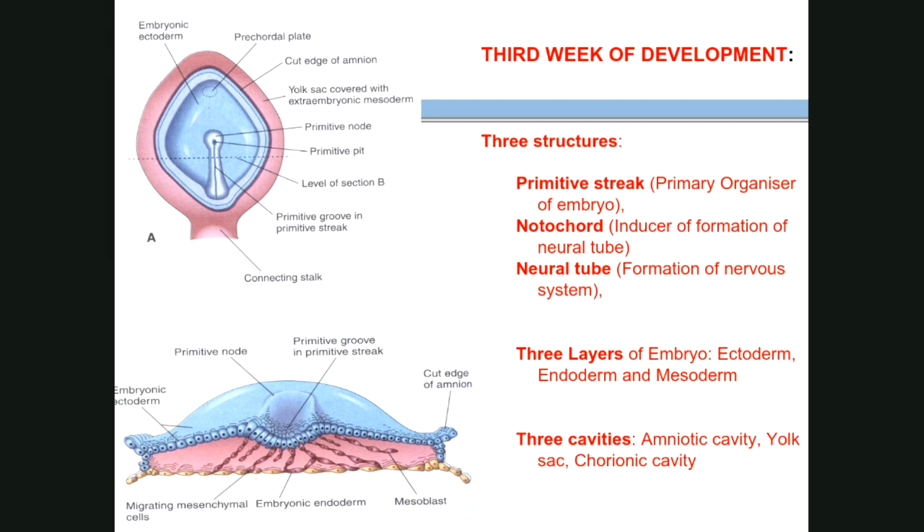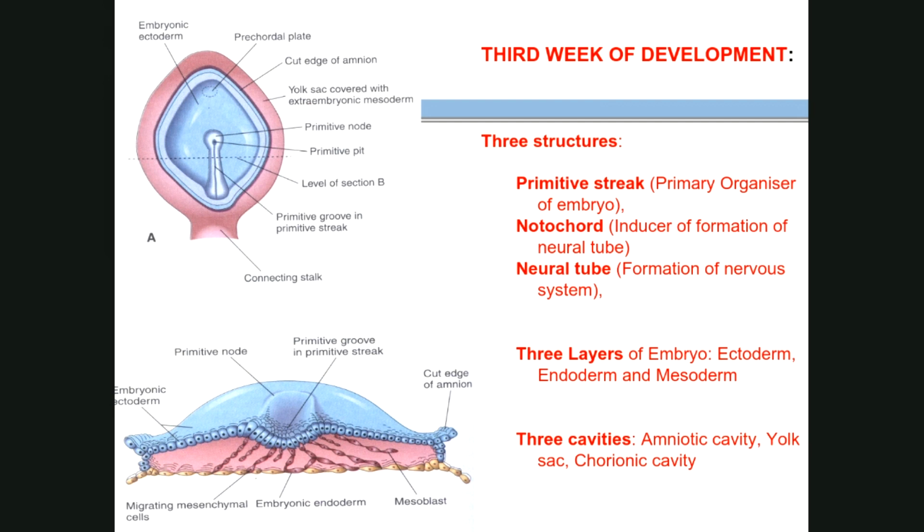So you can see that the third week of development forms three main structures: the primitive streak, the notochord, and the neural tube. As you can see in this slide, the primitive streak is known as the primary organizer of the embryo.